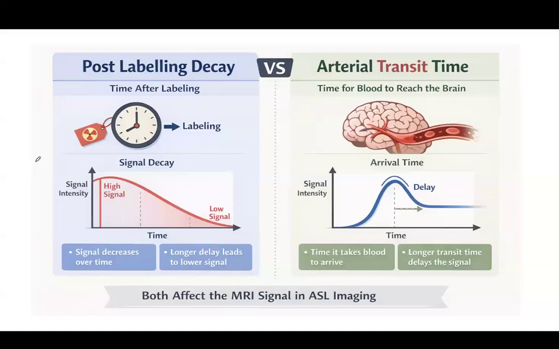It is set based on age and physiology, around 2000 milliseconds. If this does not match the arterial transit time, you will either see no signal, because the signal is already gone from the parenchyma, or you see signal in the arteries, called arterial transit artifact. So this delay time is very, very important, and that is why we have developed multi-delay techniques, where we can use multiple delays and compensation.